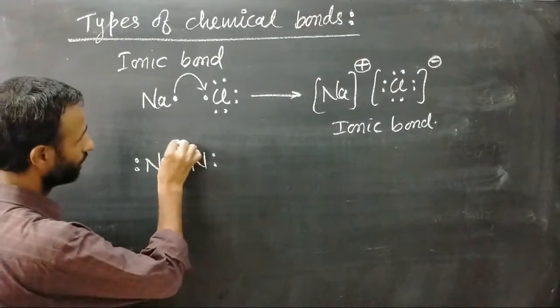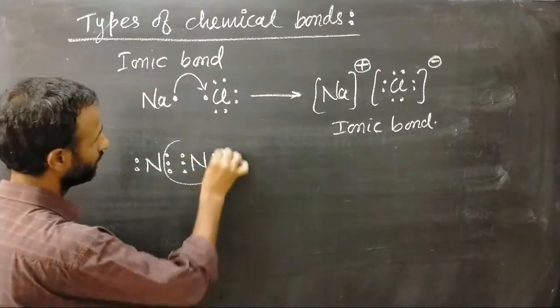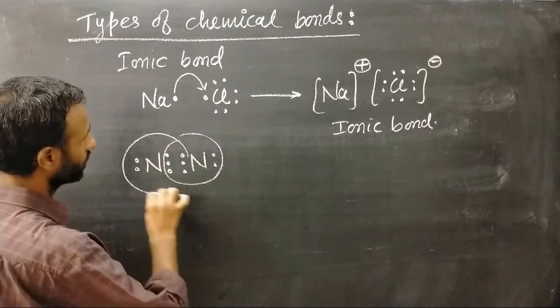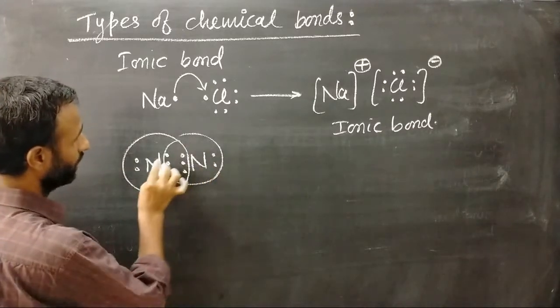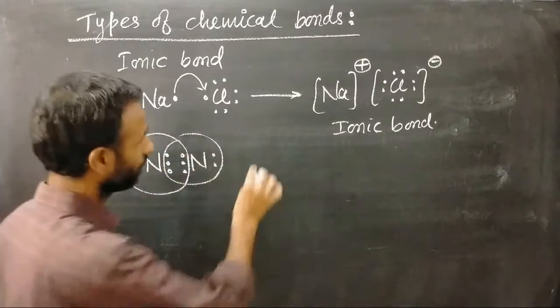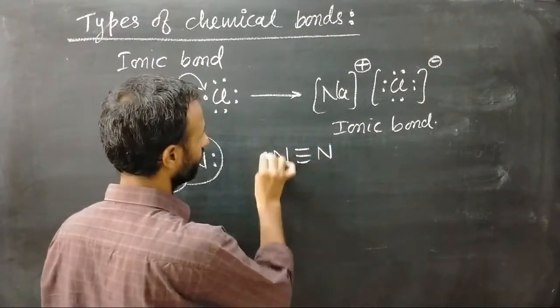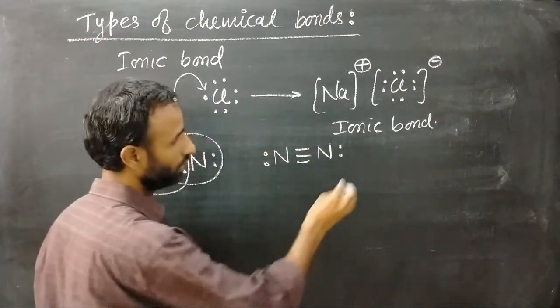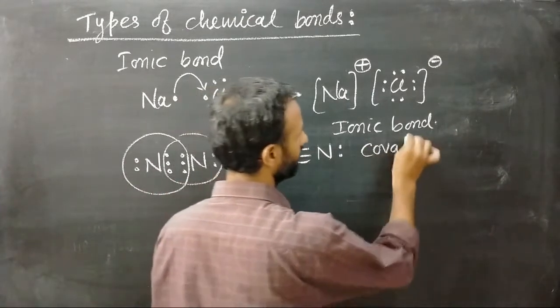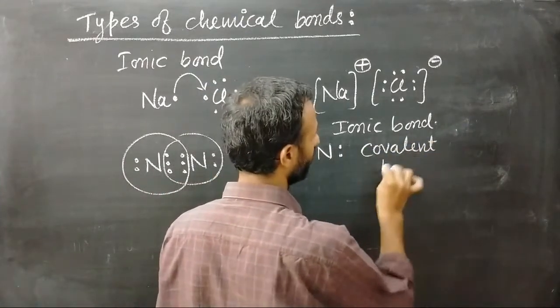So if they share 3 electrons with each other, meaning there is a mutual sharing of an equal number of electrons, this type of bond is called simple covalent bond.